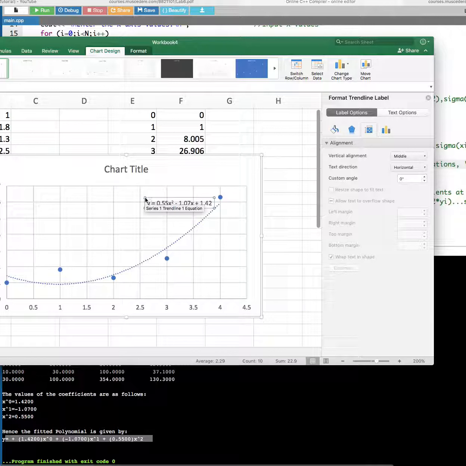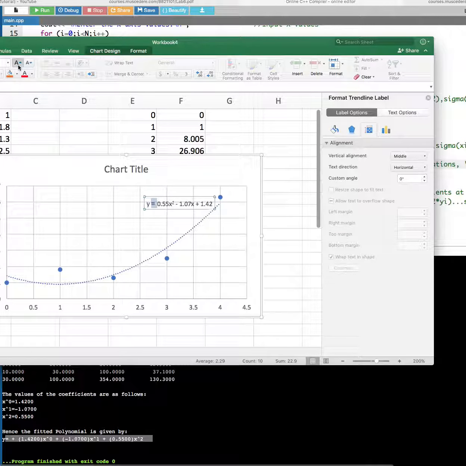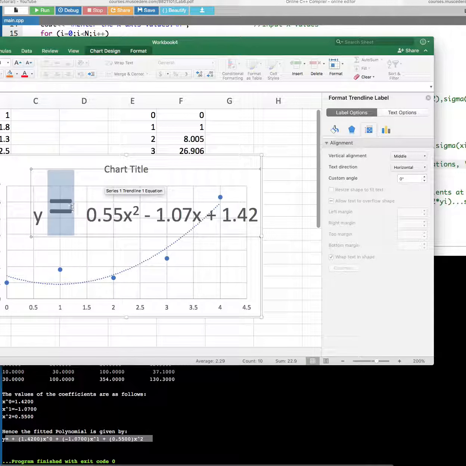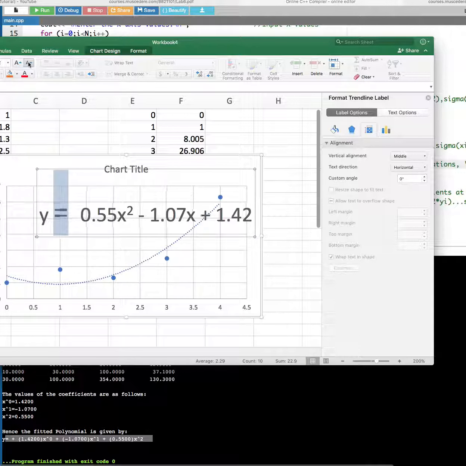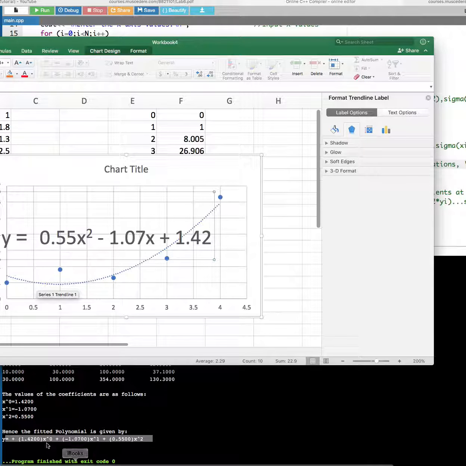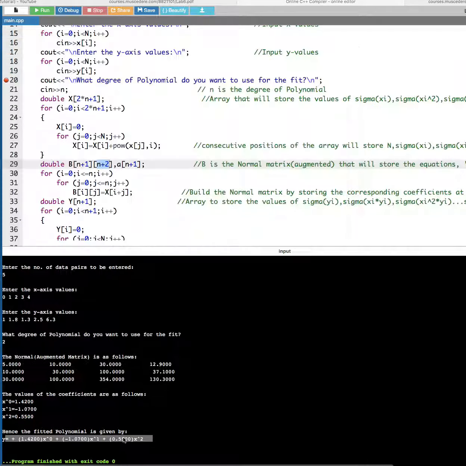Now let's go ahead and verify whether this is correct. Okay, so this is the equation we have. Now let's compare this one with this one.